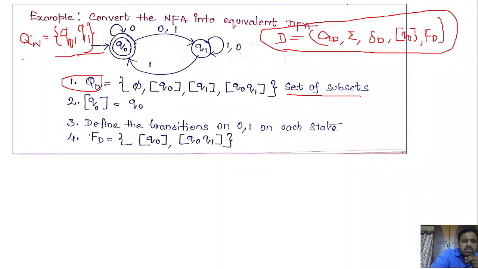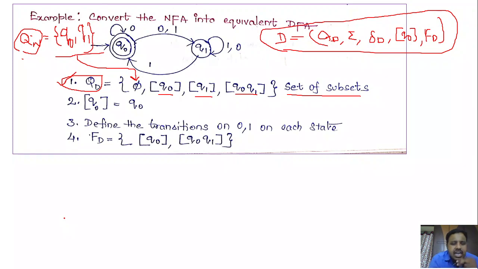Then what are the possible subsets for this set? The possible subsets are phi, which is a subset, then Q naught is one subset, then Q1 is another subset, then Q0, Q1 is another subset. So we are writing the set of subsets and calling it QD. That means from the NFA we construct the set of subsets, and that set of subsets would be the set of states in the DFA.